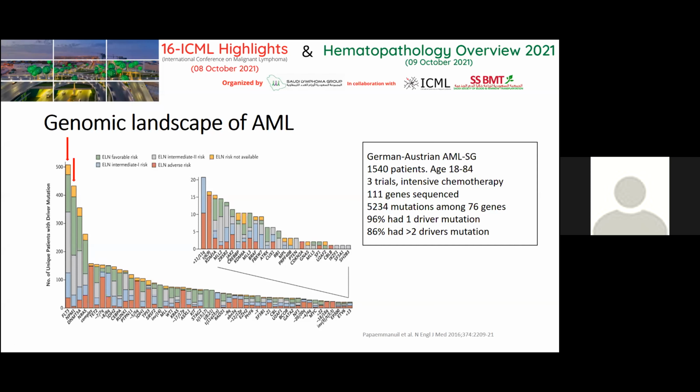NPM1 mutation occurs in 30% of patients with diploid karyotype, and these patients have a very favorable prognosis with intensive chemotherapy, provided that the mutation is not associated with other adverse mutations. We also know that about 20% of patients have either IDH1 or IDH2 mutation, and we can target them with enasidenib or ivosidenib.